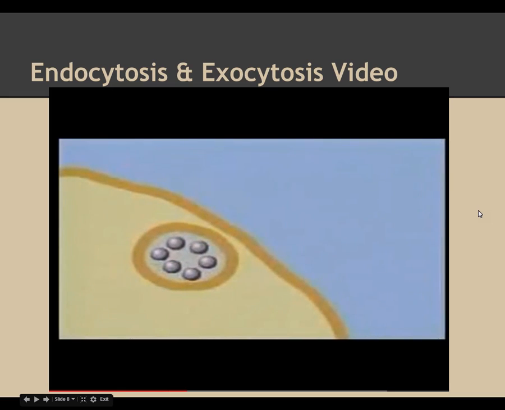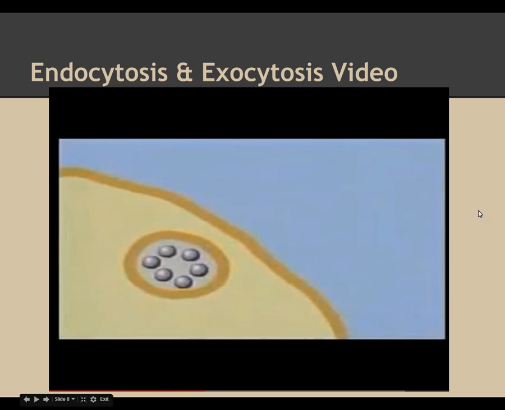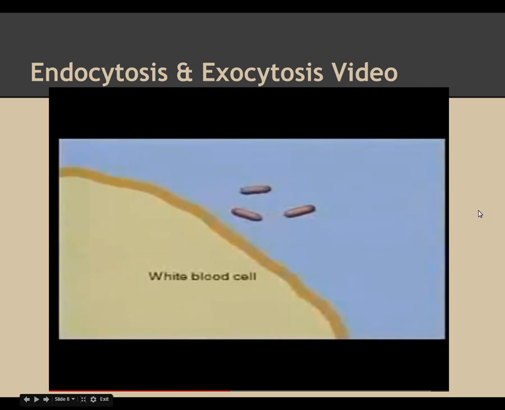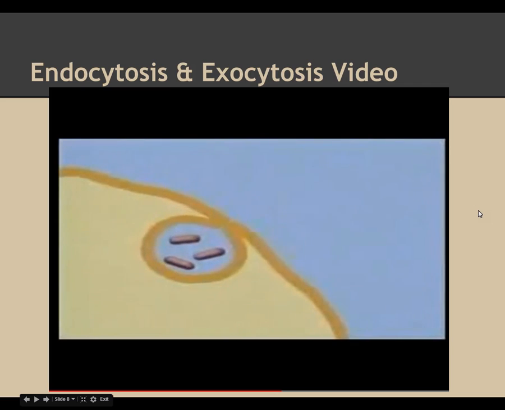A vesicle is formed. This vesicle carries the particles into the cell and can release its contents into the cytoplasm. Human white blood cells engulf bacteria and other unwanted cells. This process is called phagocytosis. Phagocytosis is another example of endocytosis.